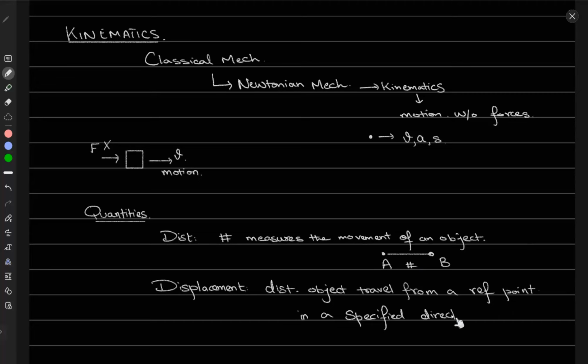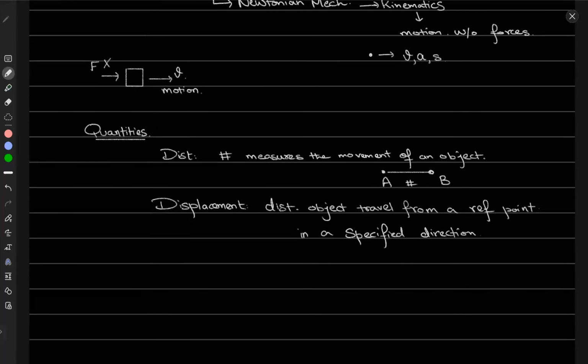I'll explain this, in a specified direction. So for example, consider that you have a block. Now, it can move in multiple ways, but we'll consider this one. So if it moves in this direction, we'll assign a number to measure how much it moved in this direction.